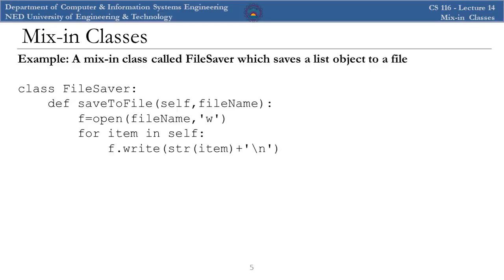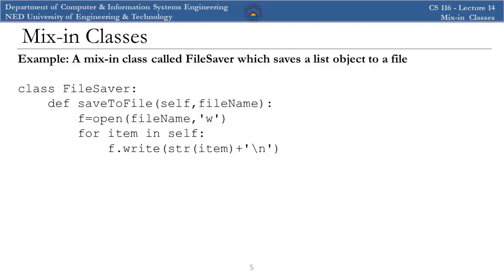If you recall from last semester, we can only write strings into a file, so I'm converting this item into a string. I don't know what kind of item it is. It could be a string itself, since I might be accessing this method on a list of strings, or on a list of integers, or on a list of floats, or any other object type, or it could be a two-dimensional list as well.